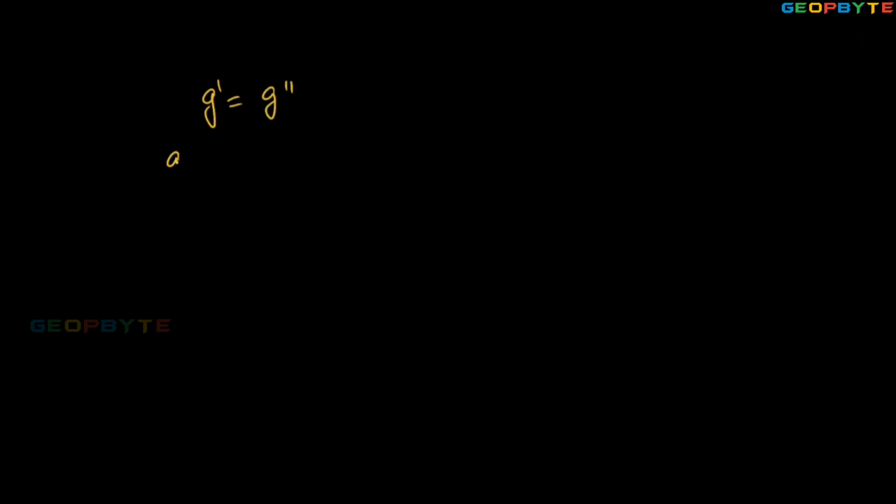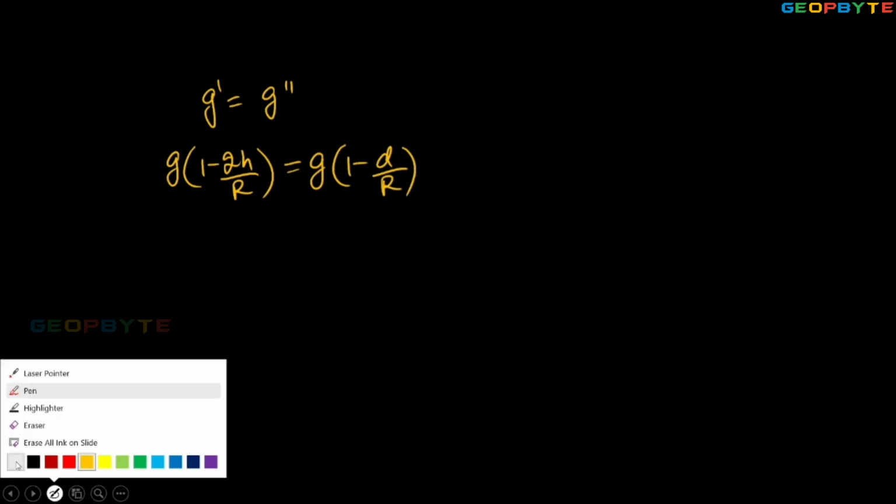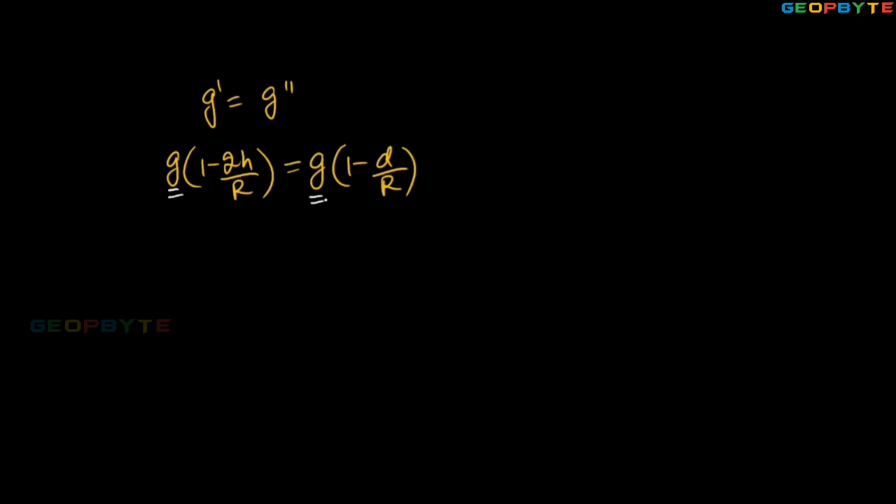G dash equal to what? g into 1 minus 2h by r is equal to g into 1 minus d by r. Now compare it. Here g, 1, 1, r, r, then d equal to 2h.